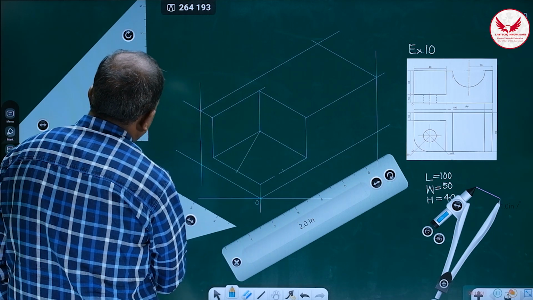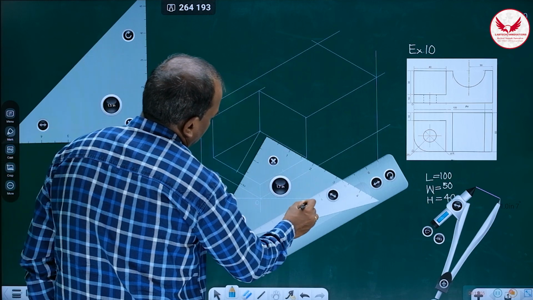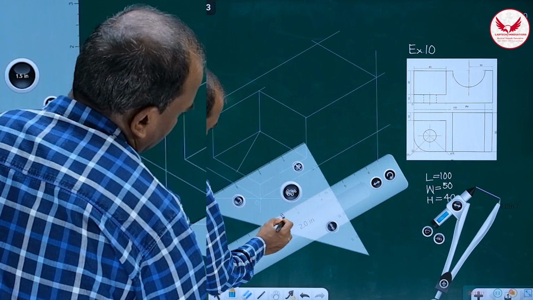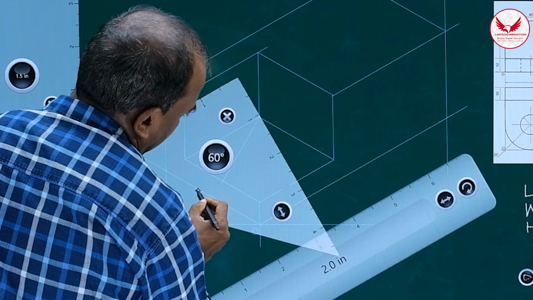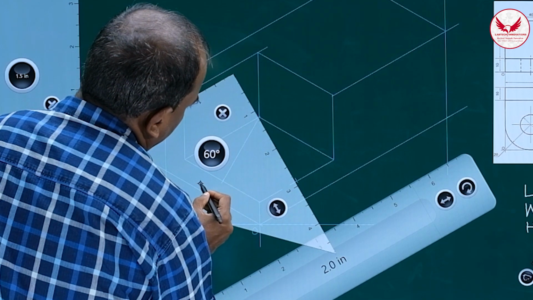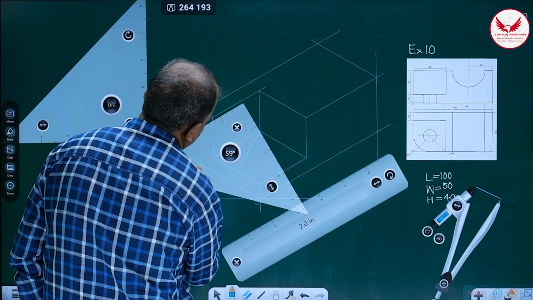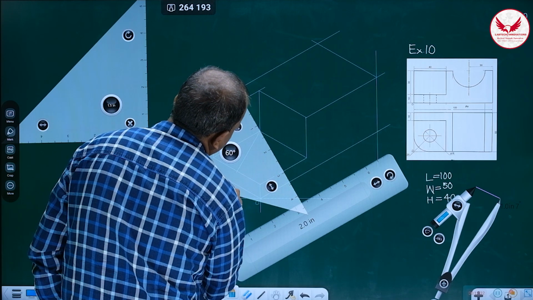At the same time, if I make this line parallel, with this edge again perpendicular from this point also, and definitely these two will match. These two will match at this corner.